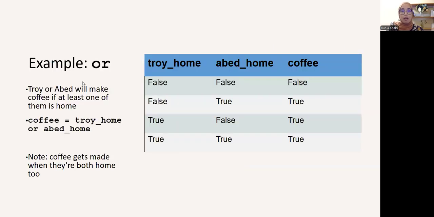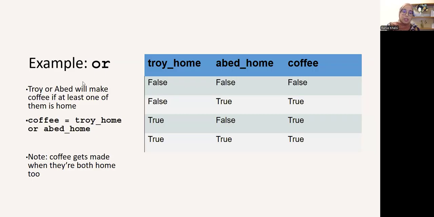Okay. So for example, we come back to Troy and Abbott, and let's suppose that they live together in the same apartment. If either one of them is home, then somebody will make a coffee, okay? And I'm a coffee lover. So the coffee gets made when at least one of them is at home. That means the value of coffee is true more frequently.